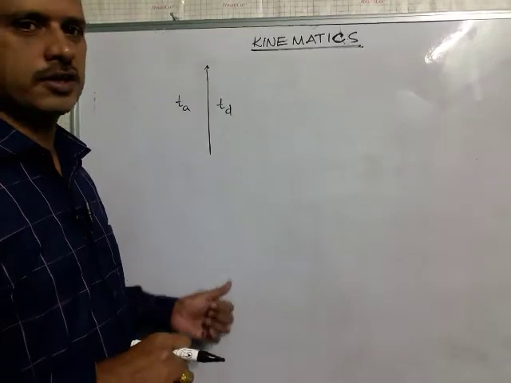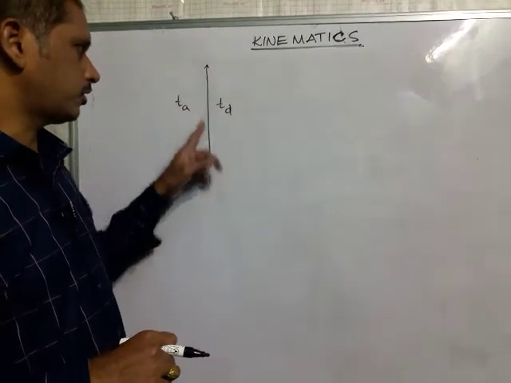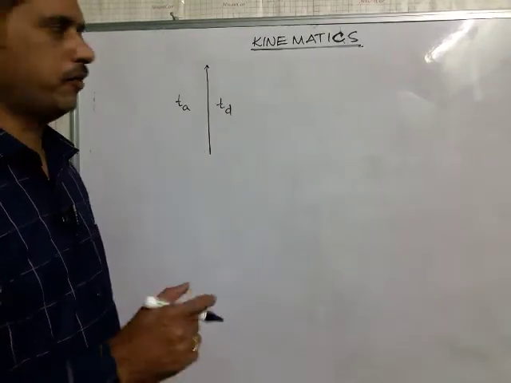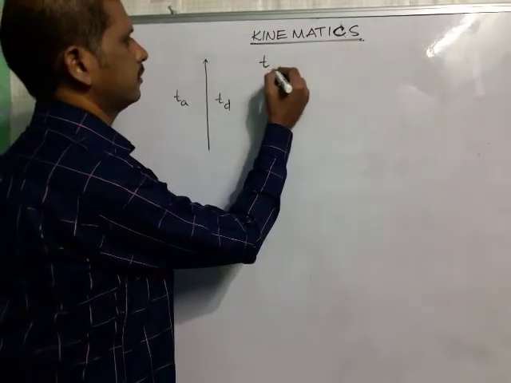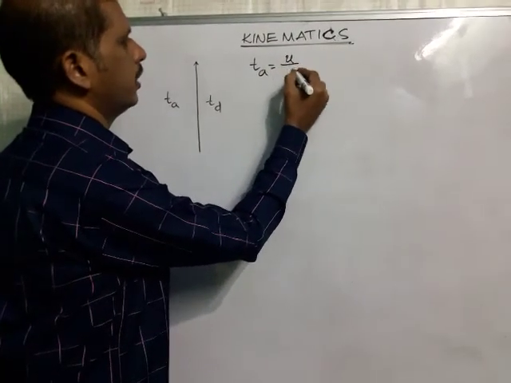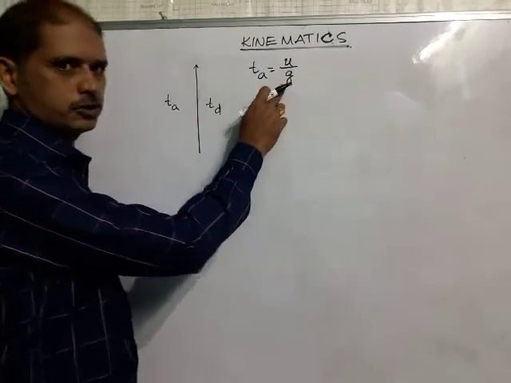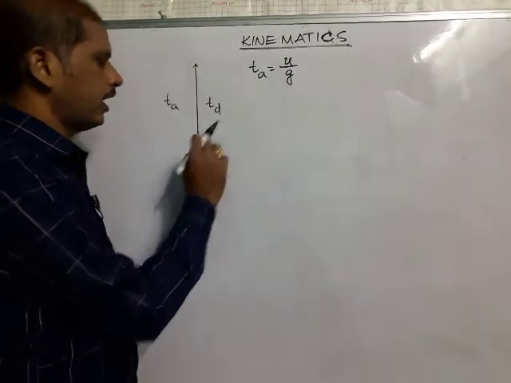For example, consider the time of ascent, when the body is projected upward. The time of ascent formula we know: Ta is equal to u by g, where g is the acceleration due to gravity. But here we are considering only acceleration due to gravity.